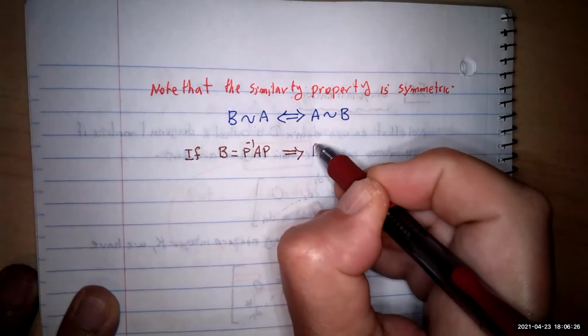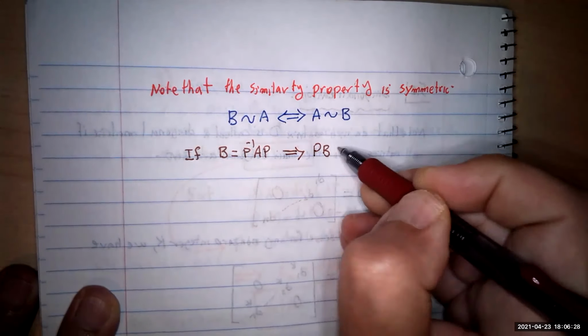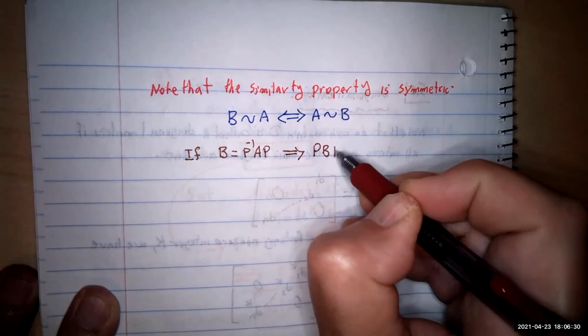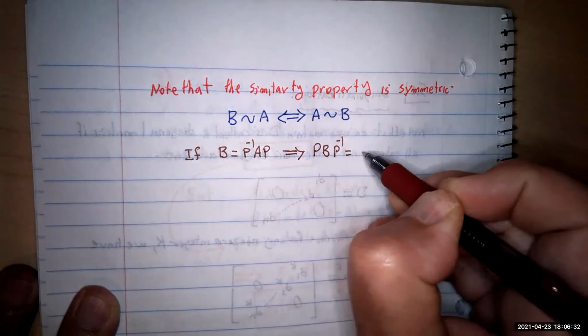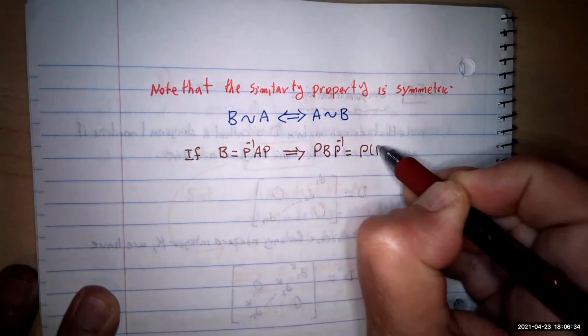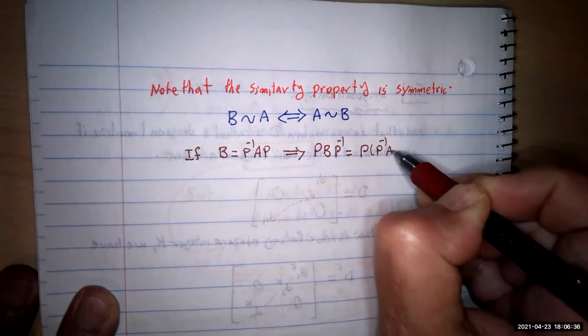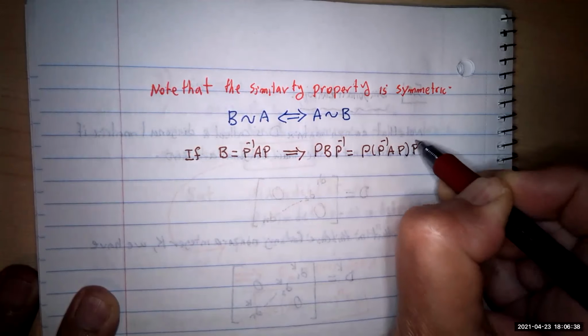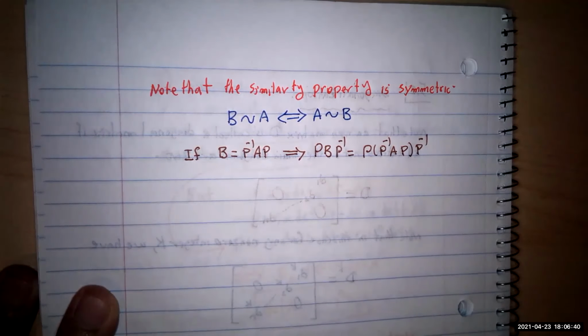So it's going to be PB P inverse, because this is going to be P P inverse A P P inverse. We did this type of problem before.